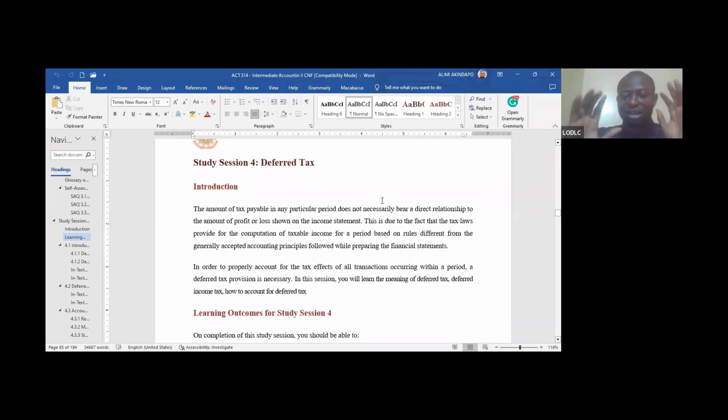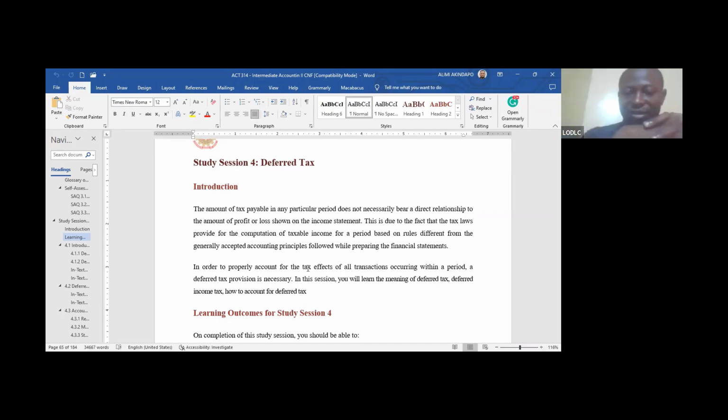Do you understand? That is what we need to understand as far as deferred tax is concerned. But before we move, what led to deferred tax? Every company, every organization pays tax on their profits.